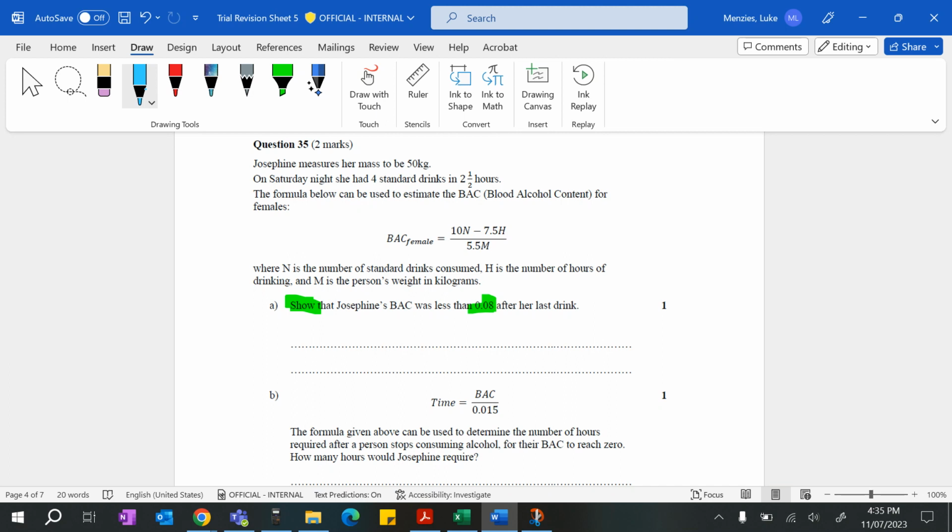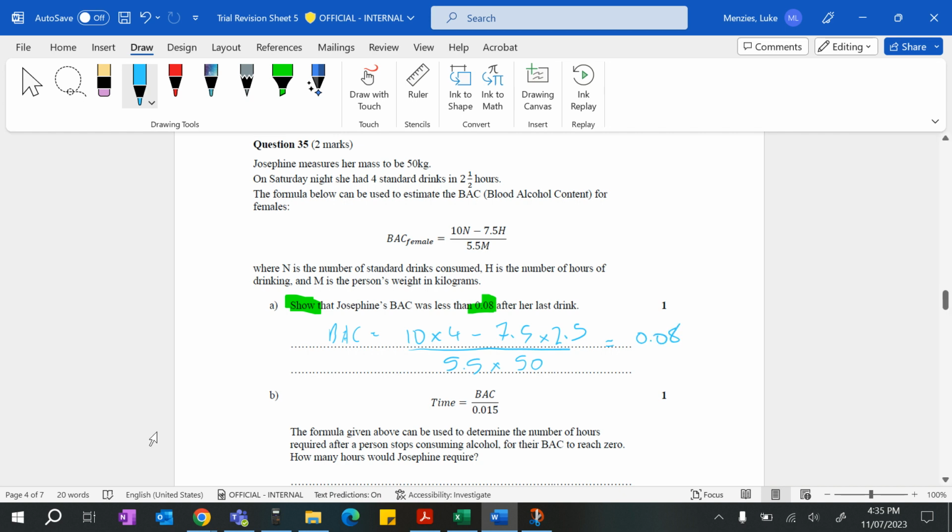BAC is equal to 10 times, now, N is number of drinks, yep, number of drinks times 4, minus 7.5, and H is the number of hours, multiplied by 2.5 hours, all over 5.5 times, and their mass is 50. And that should equal 0.08.